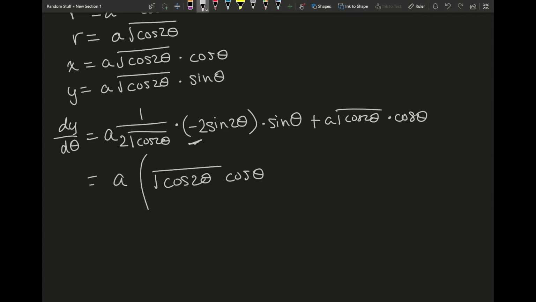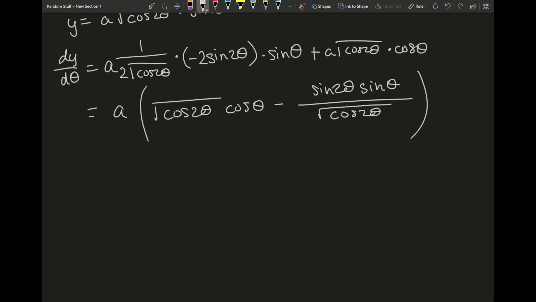Since this was a negative, we can just put it over there, minus 2 sine 2 theta sine theta. Luckily these 2's cancel out on the bottom and top, so it's just cosine of 2 theta. We can further simplify this by making cosine of 2 theta the denominator.